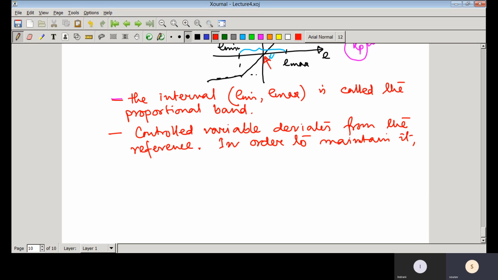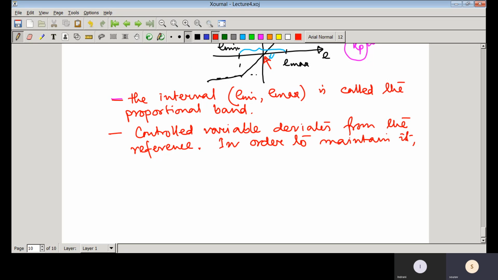When error equals 0, then the control input u equal to Kp into e would also equal 0. So then immediately it deviates. So in order to generate some control input, you cannot make error equal to 0. That means you cannot have the tracking performance.